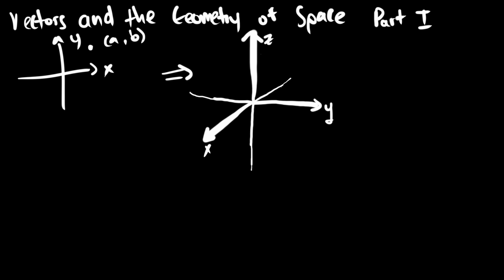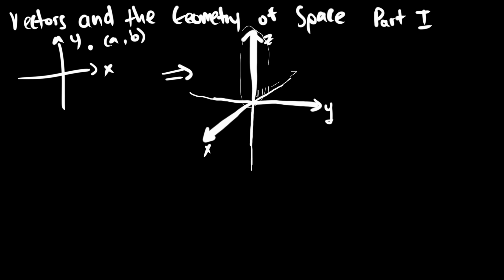This part would represent the positive z-axis, this would be the positive end of the y-axis, and this would be the positive end of the x-axis. The farther you go in this direction becomes negative.